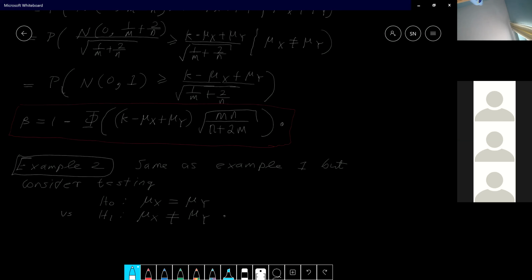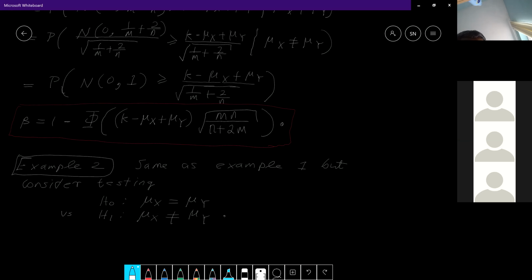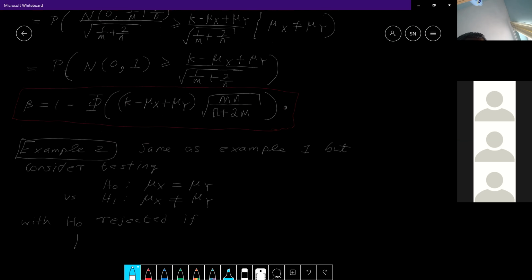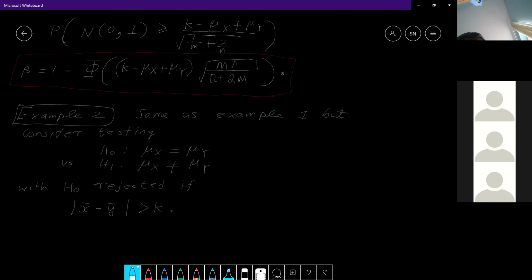Example 2 is the same as example 1, but we are testing mu x equal to mu y versus mu x not equal to mu y, with h0 rejected if the absolute value of x bar minus y bar is greater than a constant k.